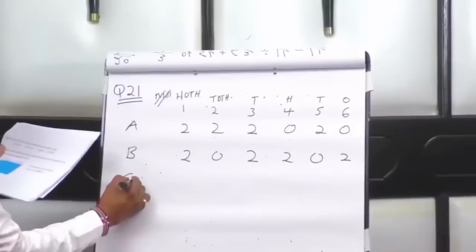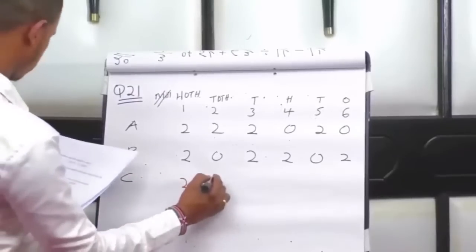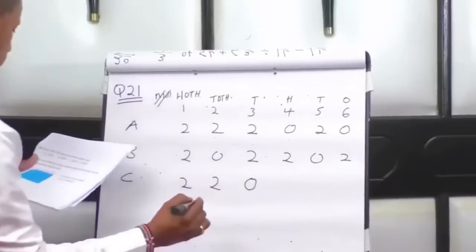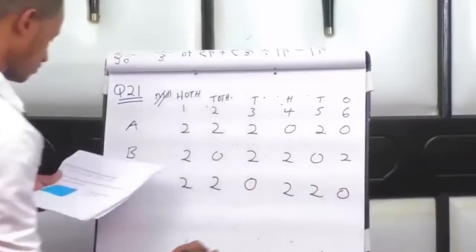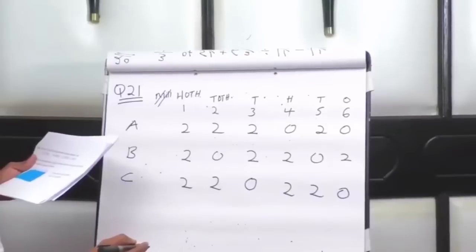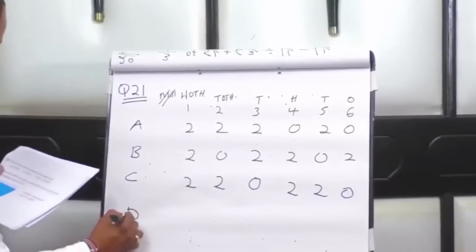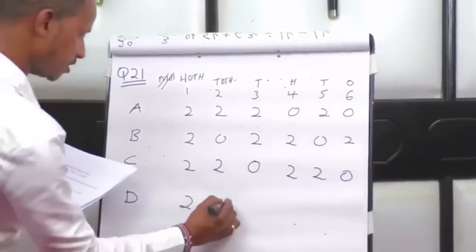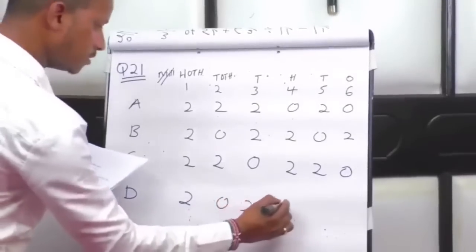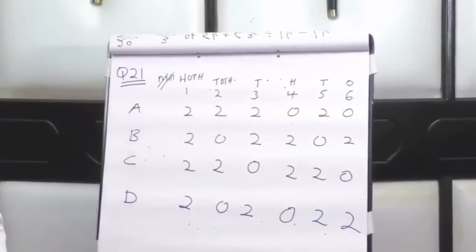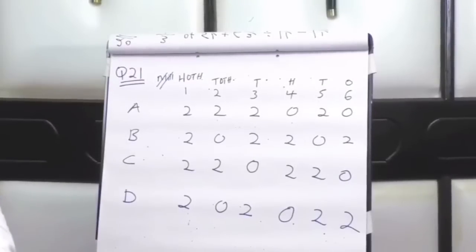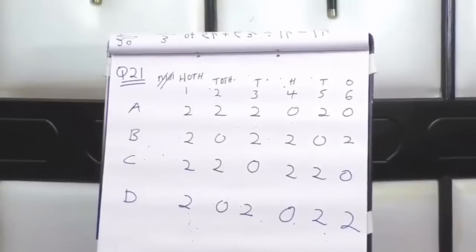Then choice C, you are given 220220. Then choice D, you are given 202022.